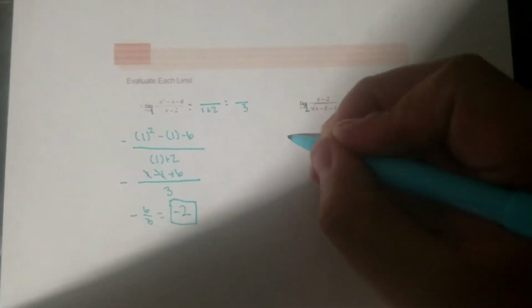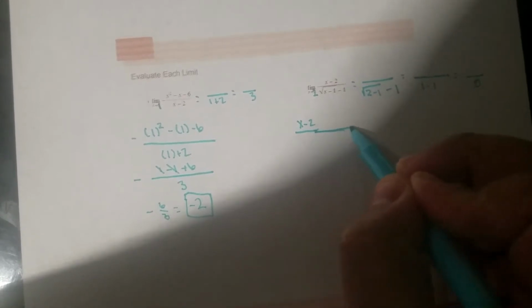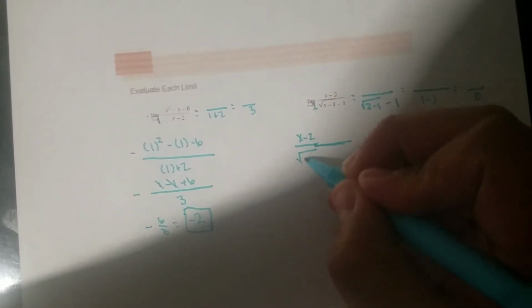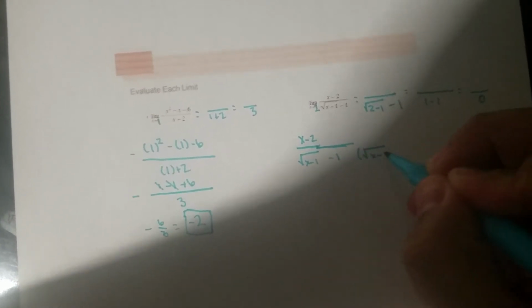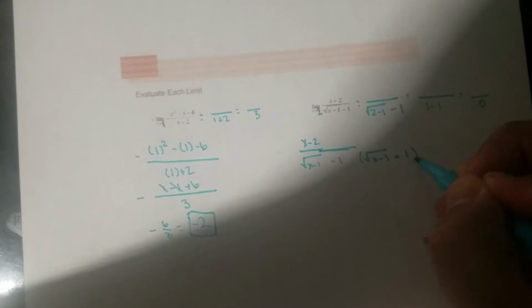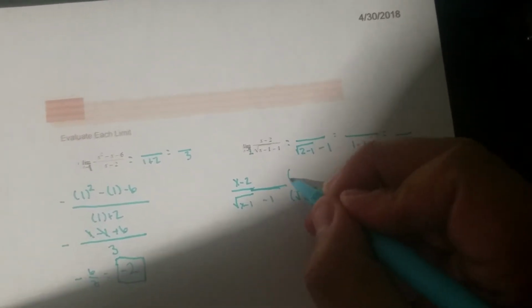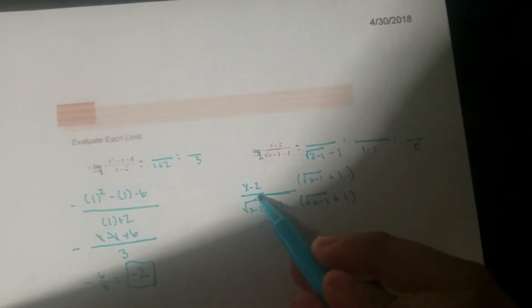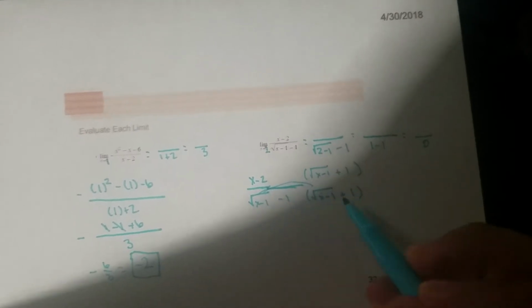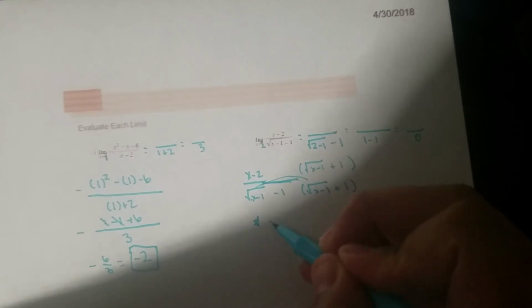So this is where we have our technique, where I am going to multiply by the same thing I have here with the square root, but I'm going to change it to a plus sign instead of a negative. So I'm going to do FOIL or rainbow method, and so square root of x minus 1 times square root of x minus 1 is x minus 1.